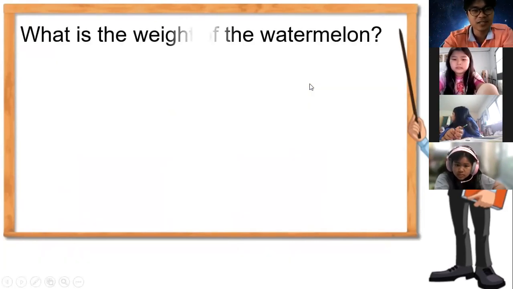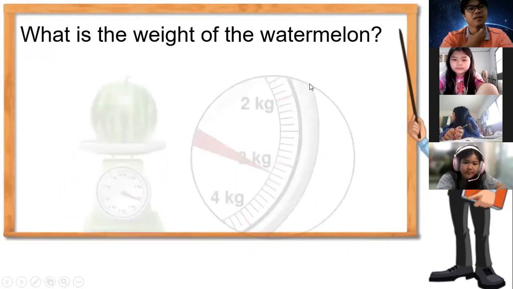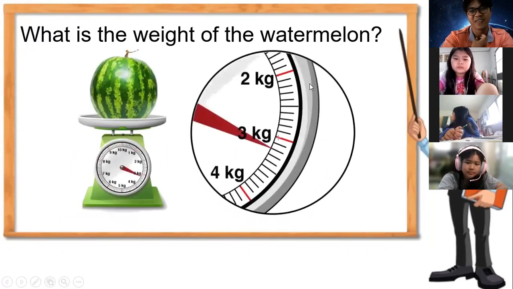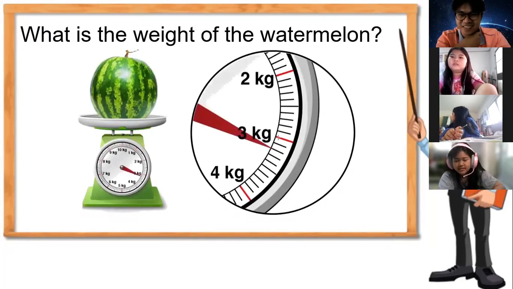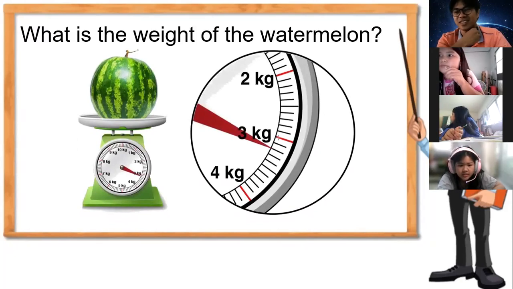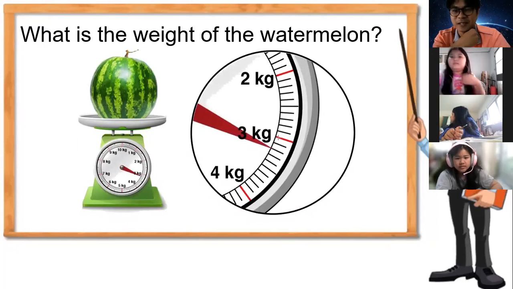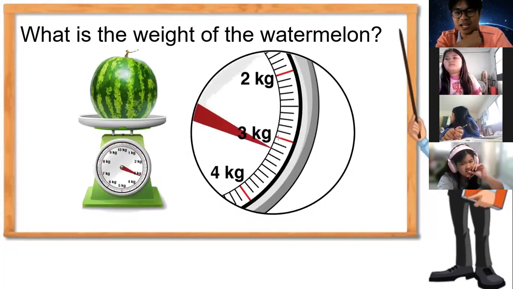Next, look at here. Another example. What is the weight of the watermelon? 3 kilograms, 2 kg. Okay. What is the other answer in grams?